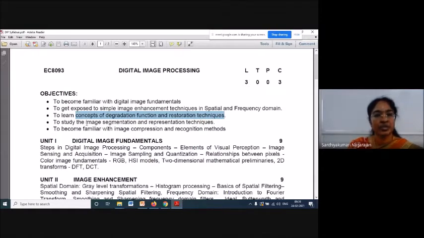And you're going to study image segmentation and representation techniques. Once you restore and enhance things, if you're interested in a particular part or region which you want to analyze in a deeper way, you will need this image segmentation technique.